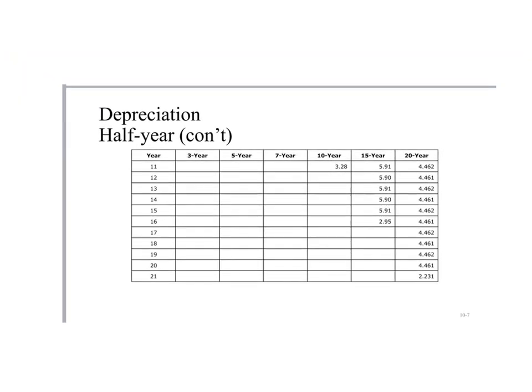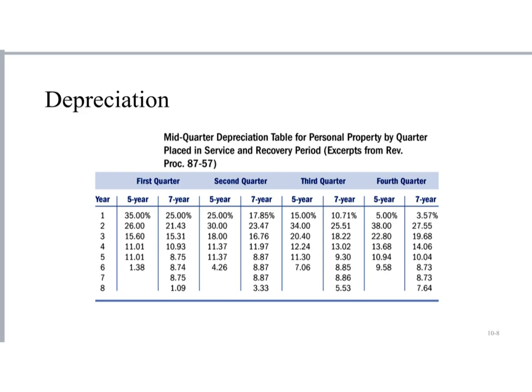Pay attention to the heading. This is half year. This is mid-quarter. Pay attention to which chart you have to use. Half the battle with tax depreciation is getting into the right chart.